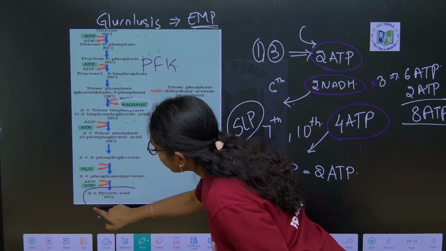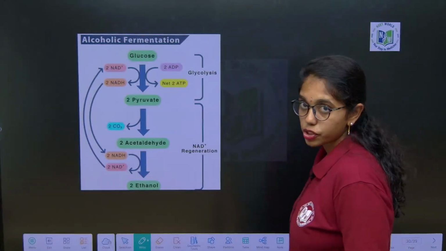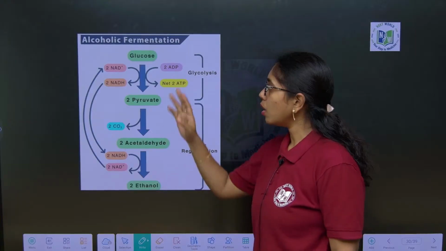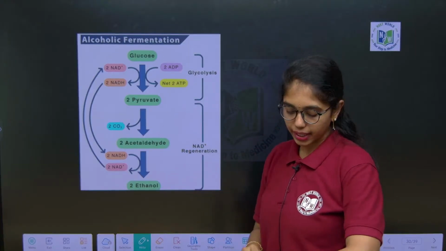Now, these 2 molecules of pyruvic acid, if they are destined for anaerobic respiration, 2 types are possible, as I said, alcoholic fermentation and lactic acid fermentation.